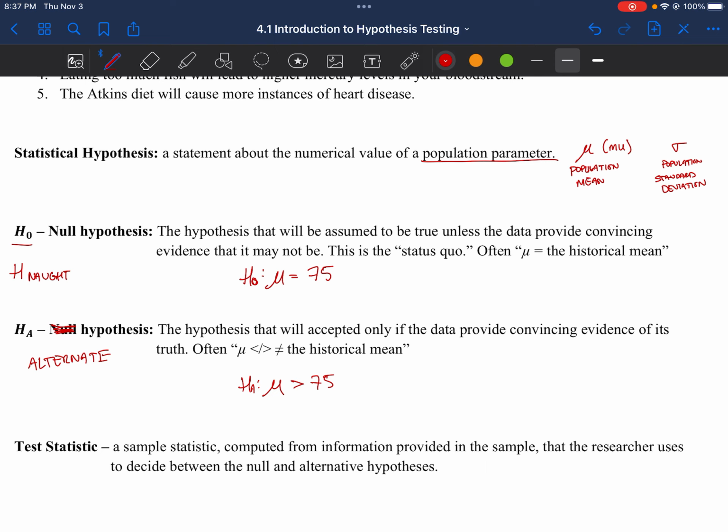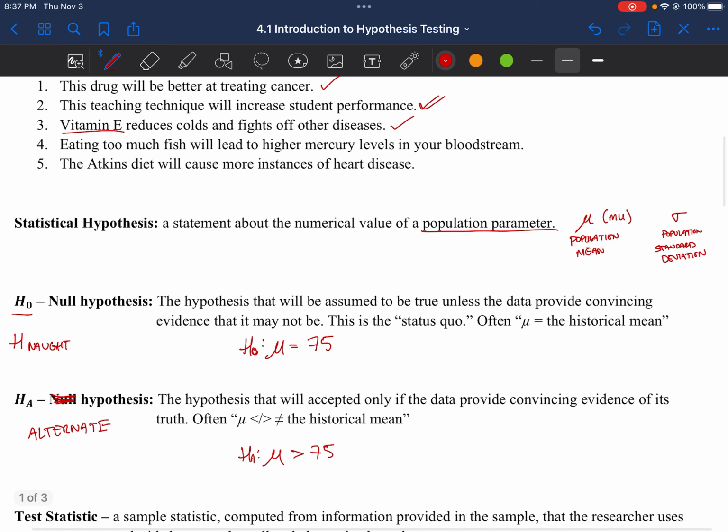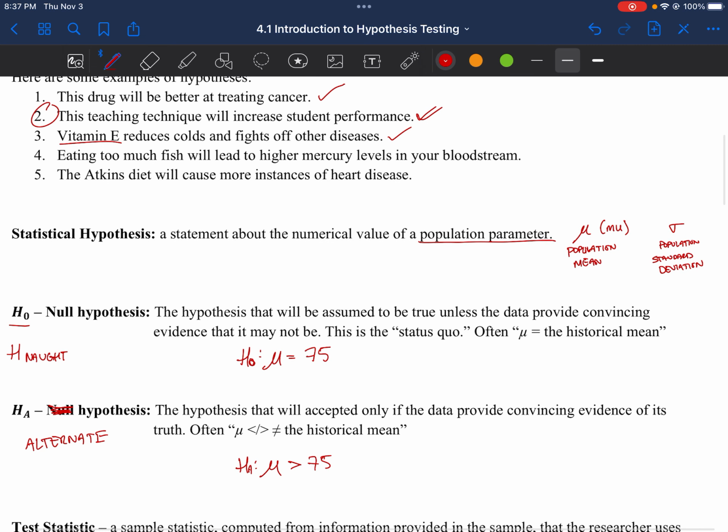Another thing we should know about is a sample statistic. Once I make a claim, and I'm sticking with this one here, that a teaching technique will increase student performance, we have our null hypothesis: it's always been that the average for this course has been a 75.